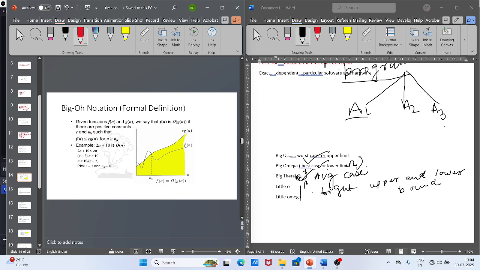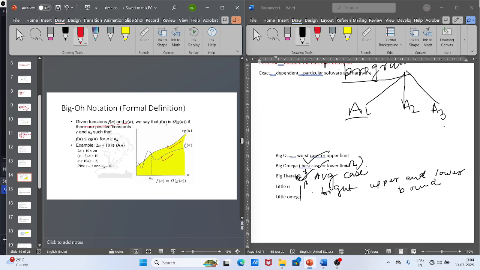Big O notation gives us the upper bound. It tells us the maximum time an algorithm might take. Okay. Given there are 2 functions, one is f(n), another one is g(n).